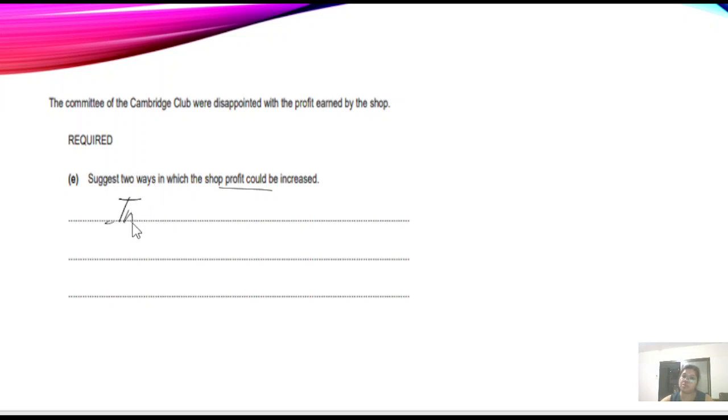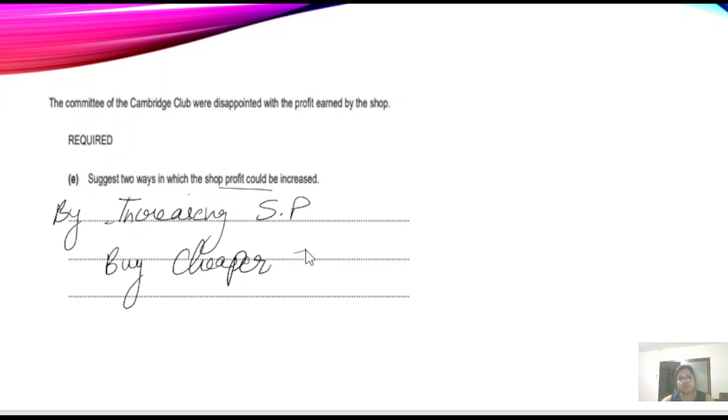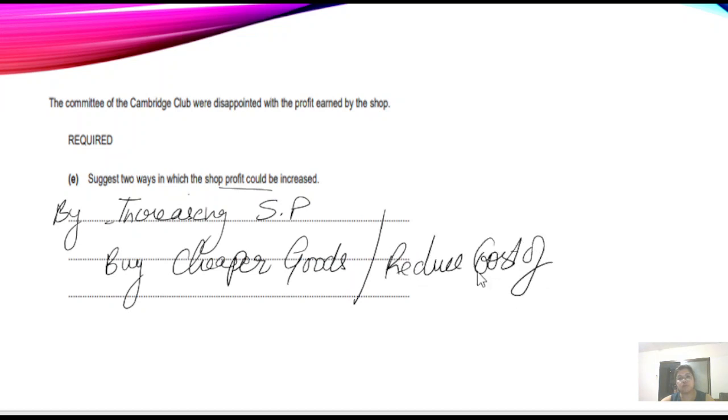So how are you going to increase the profit? The first thing is you can increase your selling price. By increasing the selling price, you can increase the profit. Simplest thing. Or you can reduce the cost of production, or you can write, buy cheaper goods.